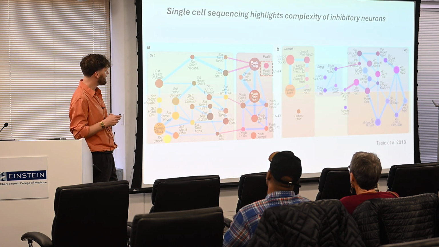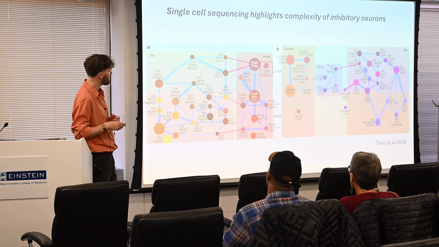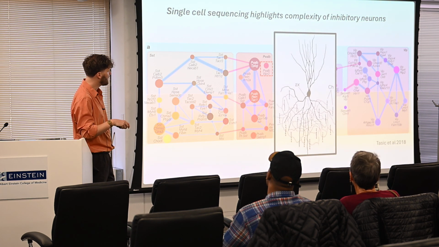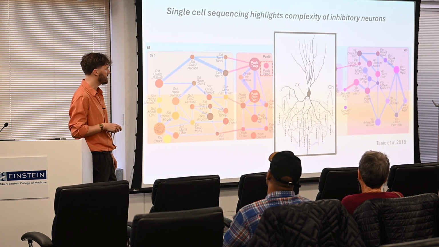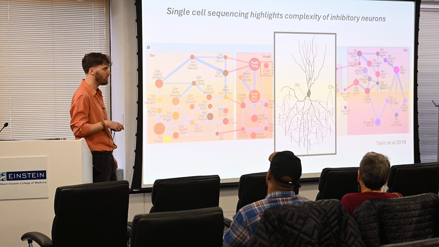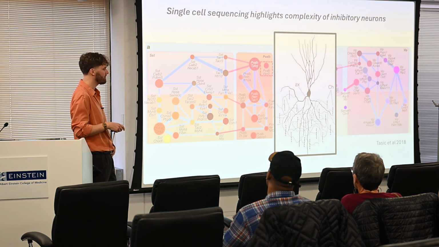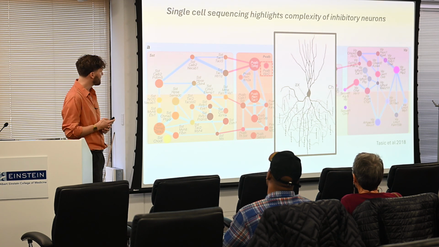And you can find a few of these in this group. One of them is this little island here, these PV-VIPR2 cells, which some of you might know, or the classic chandelier cells, which have this really beautiful and distinct morphology and provide somewhat of a grounding for this genetic-based classification.